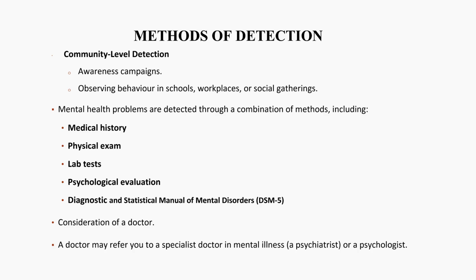Mental health problems are detected through a combination of methods including the medical history, the physical exam, lab tests, psychological evaluation, and the DSM, the Diagnostic and Statistical Manual of Mental Disorders, and then the doctor will consider our situation. Accordingly, the doctor may refer us to a specialized doctor, that is a psychiatrist or a psychologist, based on our need.